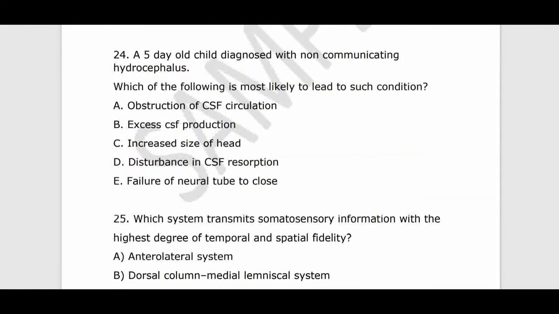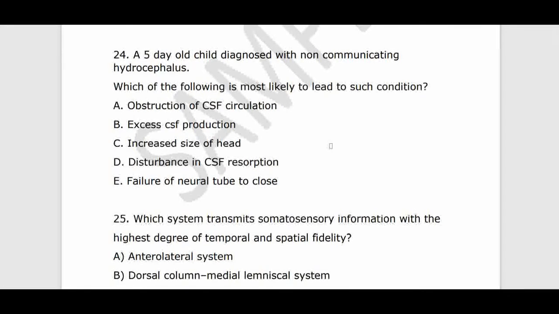24. A 5-day-old child diagnosed with non-communicating hydrocephalus. Which of the following is most likely to lead to such condition? So there are two types broadly: communicating and non-communicating hydrocephalus. The way it works is that if the cause of the hydrocephalus, which is basically obstruction to CSF flow, is within the ventricular system, it is non-communicating.